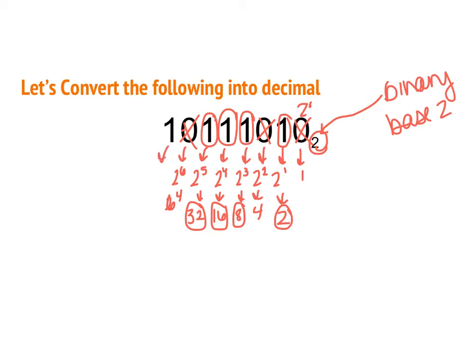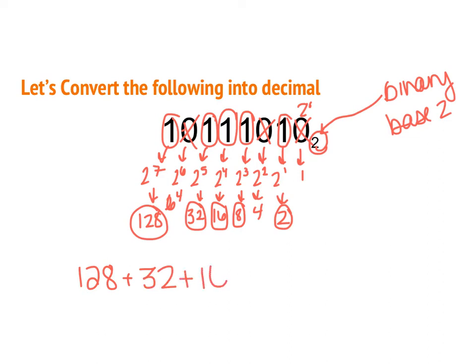And then here I have 2 to the power of 7, which is 128, and because there is a 1 there, I do in fact need that one.